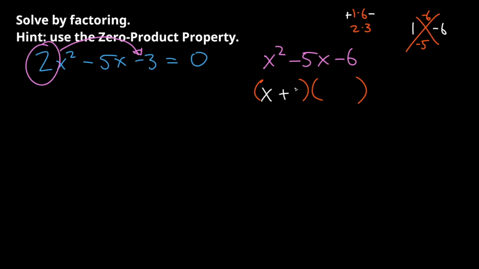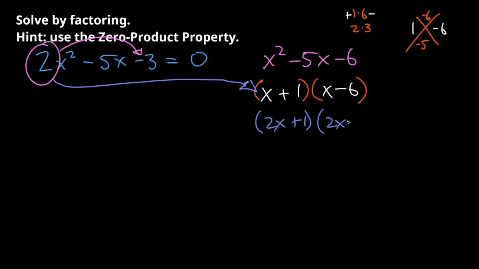x plus 1, x minus 6. Now we take that number we multiplied and we put it in front of the x's again. 2 times x plus 1, 2 times x minus 6. We want to simplify or factor out any common terms here. This is 2x plus 1.